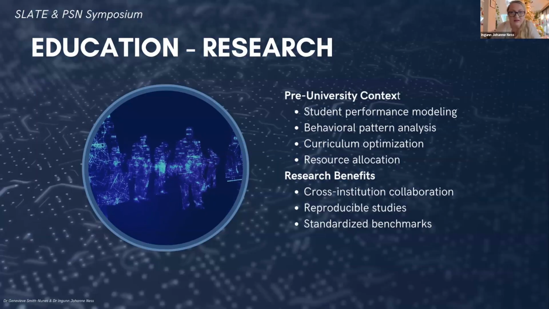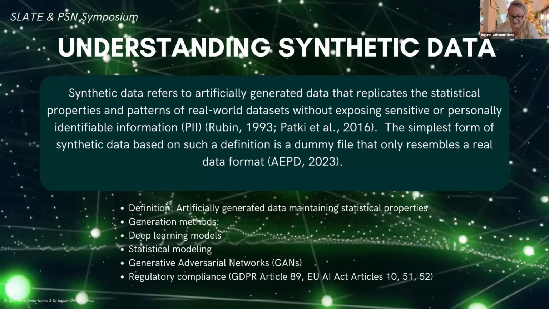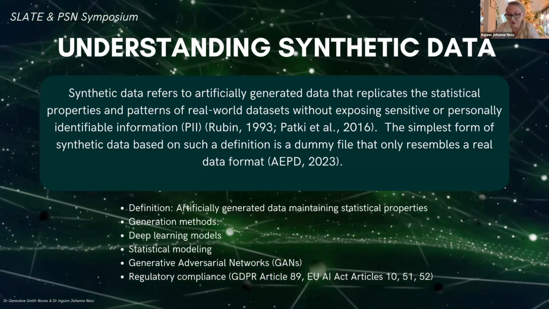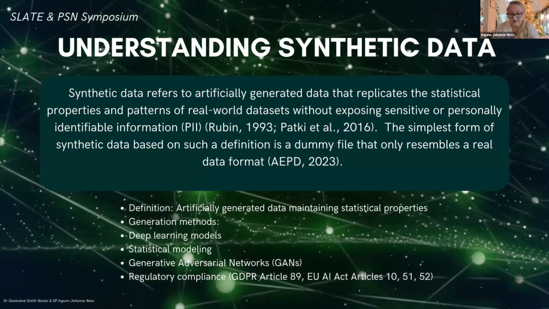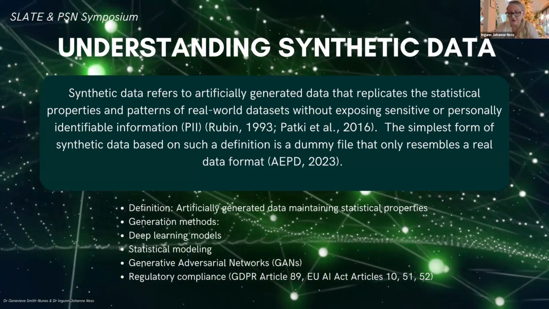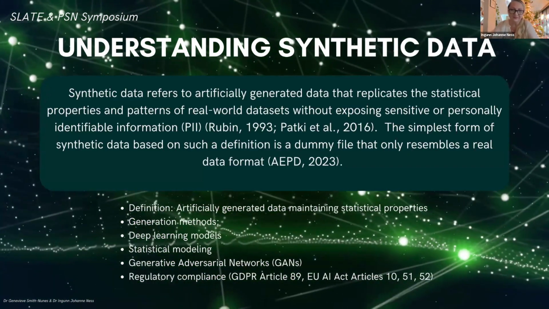And we do have this Article 89, because this is interesting. Article 89 specifically allows for the processing of personal data for research purposes, provided that appropriate safeguards are in place, such as data minimization and anonymization, to protect individual rights and freedoms. And now we can move on to the education.